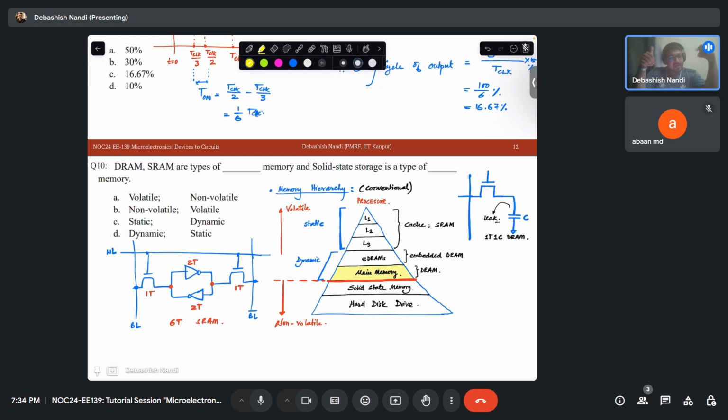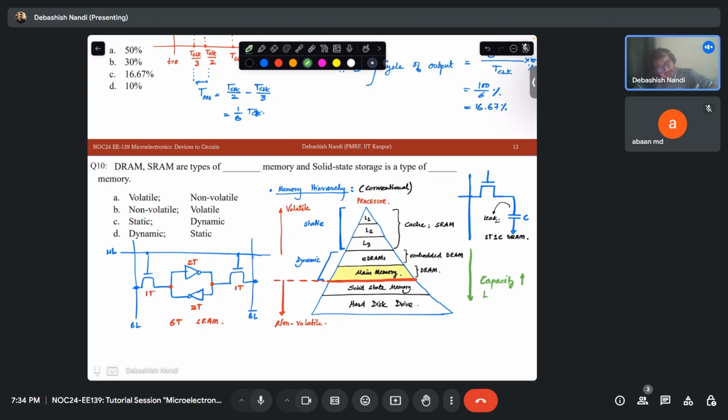You see the pyramid. The dimension is such that as you go from top to the bottom of the pyramid, your memory capacity increases. Or in other words, as you go down, capacity increases.